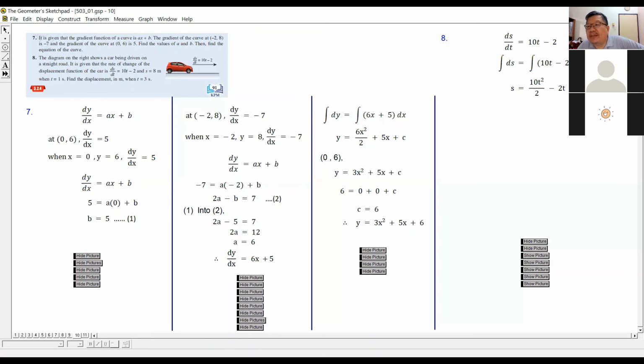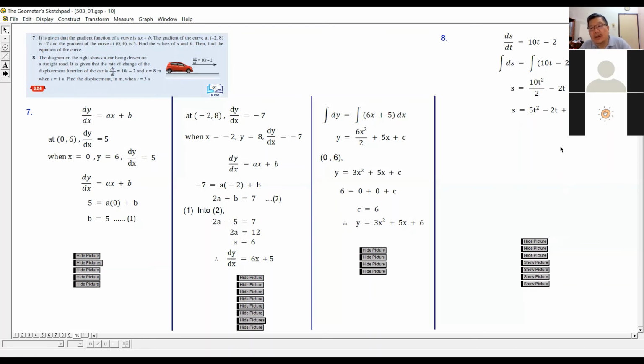Then plus the arbitrary constant C. So far okay or not? Okay, teacher. Then simplify. Cancel the 10 with the 2. You have 5t squared minus 2t plus C.